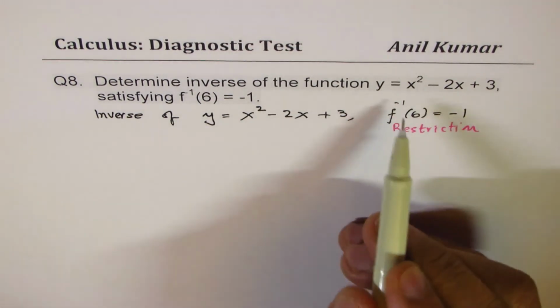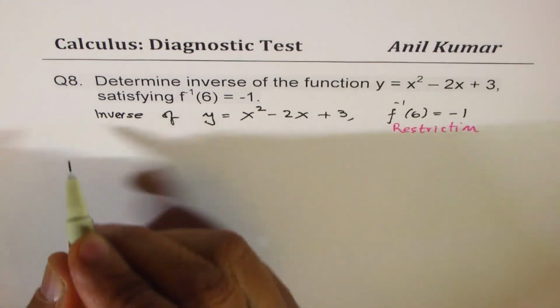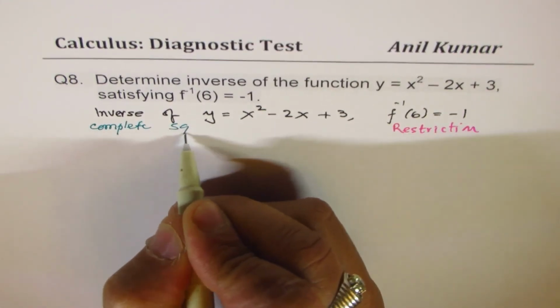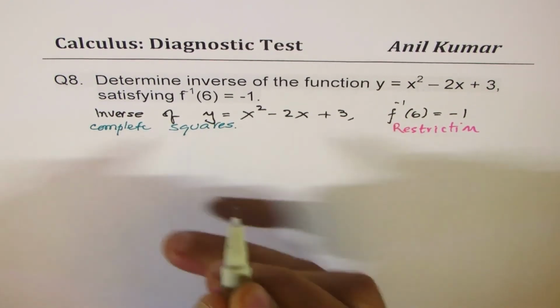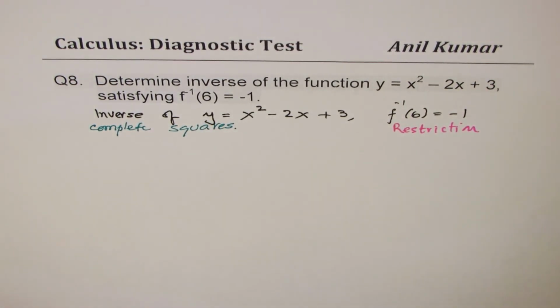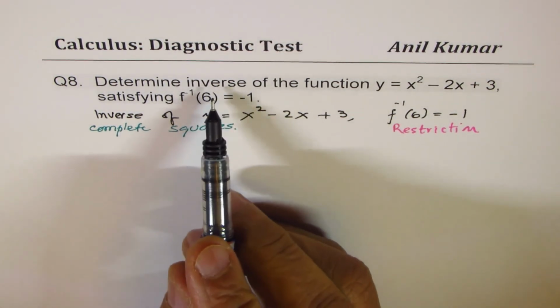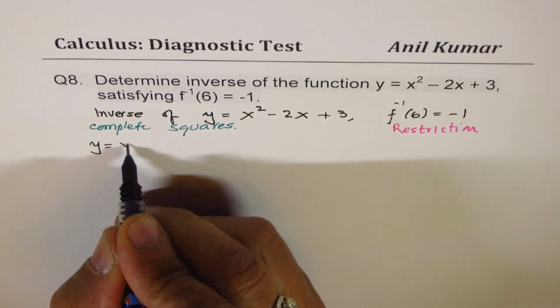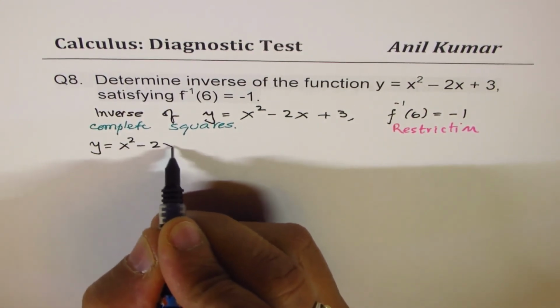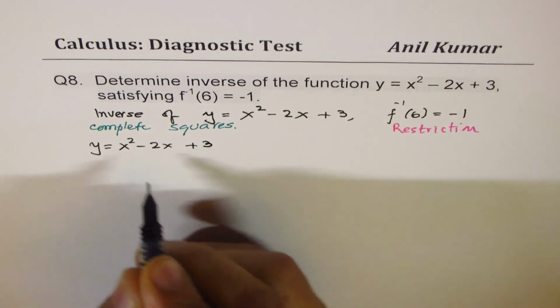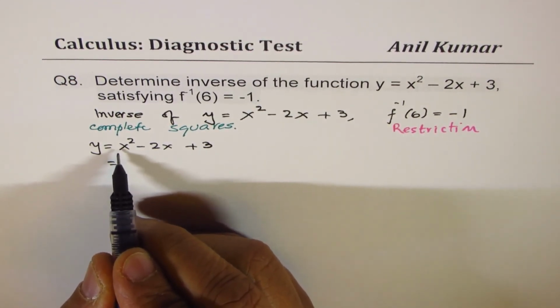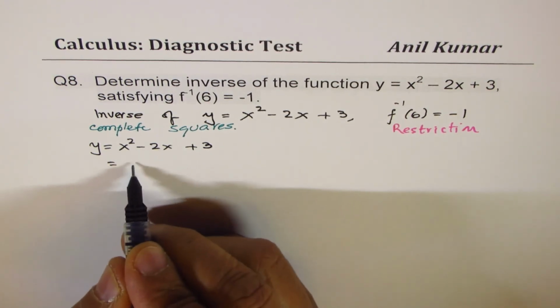Okay. Now let's see how to find inverse of this function. Now whenever a quadratic function is given to you, to find inverse, we need to complete squares. Only then you can find inverse. So first part we'll do complete the squares, and then we'll follow the steps to find inverse. So we have y equals to x squared minus 2x plus 3. To complete the squares, well, there's no coefficient. 1 is the coefficient, so the steps are simpler.